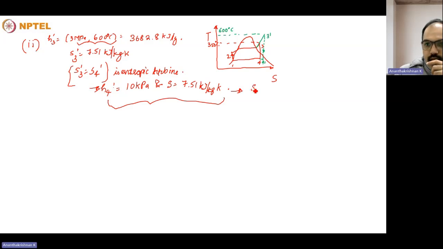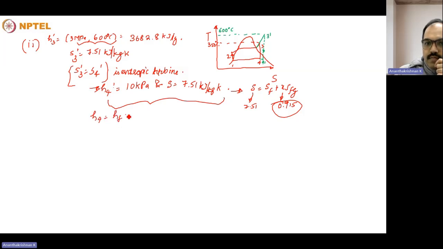So we can calculate S is equal to SF plus X into SFG. So X will be equal to, from this we can calculate at 10 kilopascal. S will be 7.51, and SF and SFG you have to calculate at 10 kilopascal for the fluid, and you'll get X as 0.915.